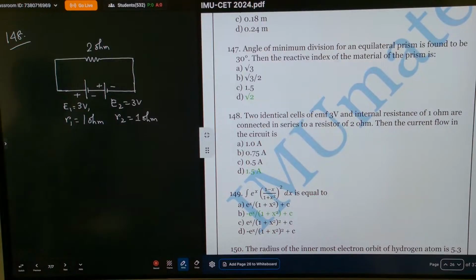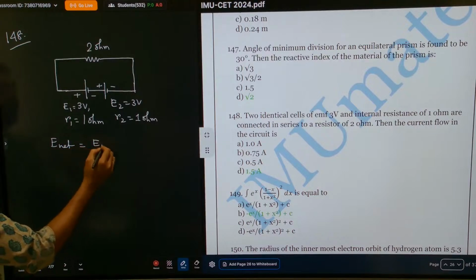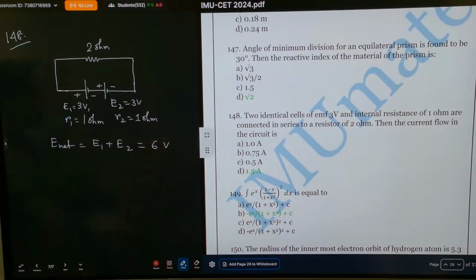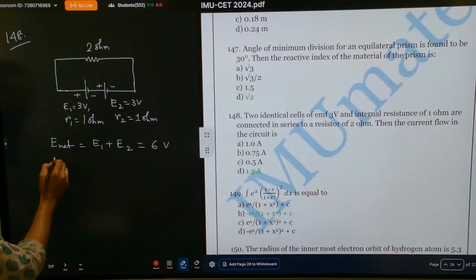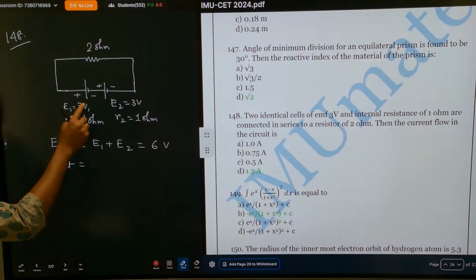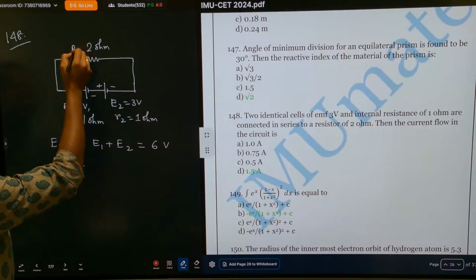What does it mean? Series. So what is E net? Net EMF, how much? E1 plus E2, you get 6 volt. What is R net, the net resistance of the circuit? 1 ohm plus 1 ohm plus 2 ohm. This is the external resistance R.